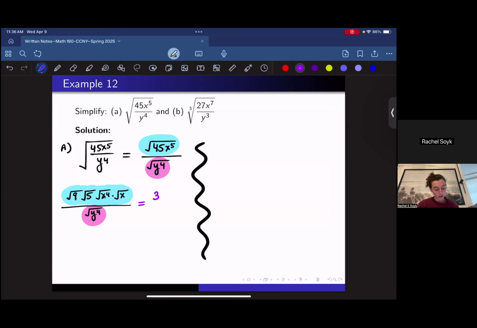Square root of x to the 4th is x squared. And then square root of x can't be simplified. So our numerator is just 3x squared times the square root of 5x. Our denominator, square root of y to the 4th, is just y squared. And because it's an even index, right, square root has an index of 2, our final solution is plus or minus. And we're done.